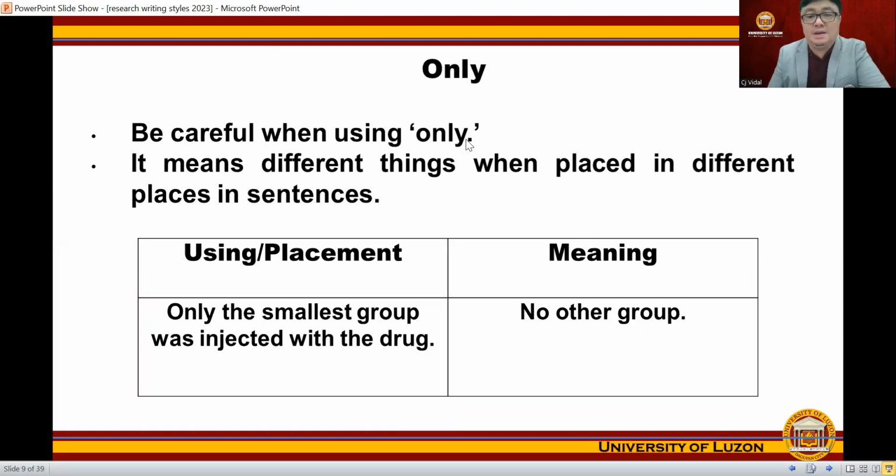The meaning is no other group. So it has to be used with clarity, the word only in the sentence.